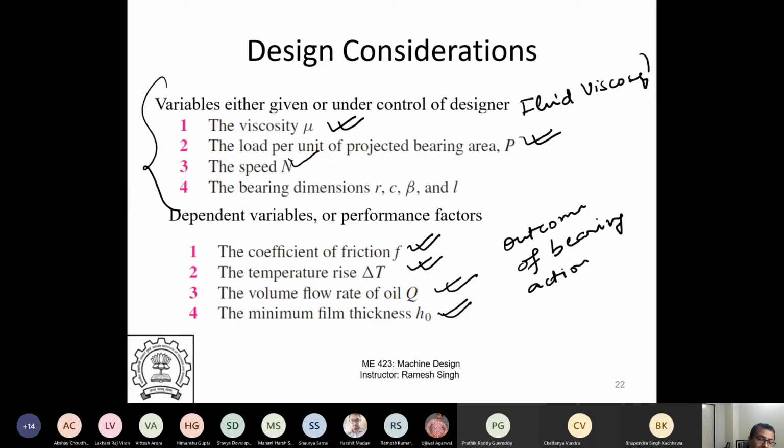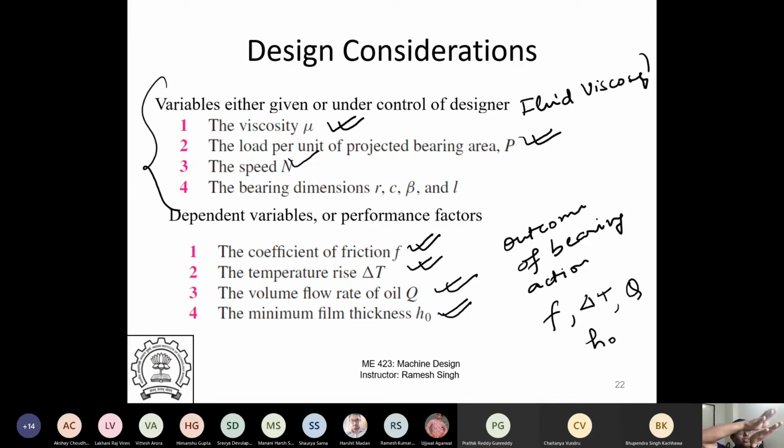So there will be some coefficient of friction because there will be a fluid film, and this fluid film will resist the motion. There will be some temperature rise because there is friction, and there is some oil flow, and there will be some film thickness which will stabilize after some time.